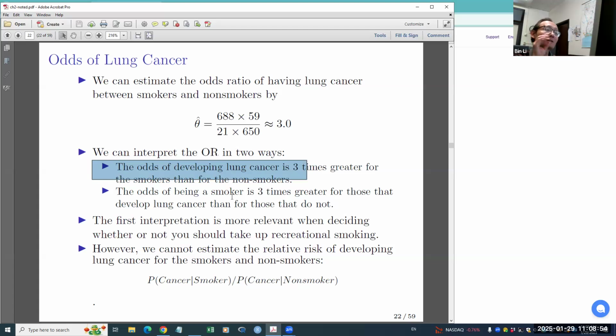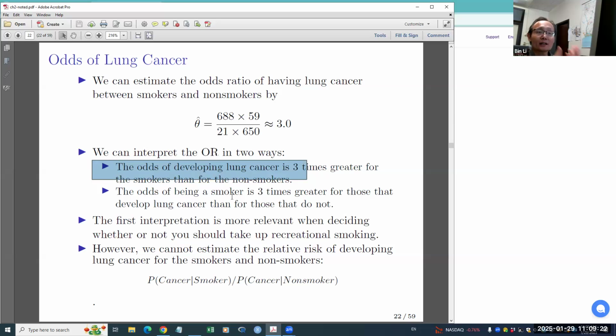We care about developing lung cancer, because lung cancer is usually considered an effect, but smoking is the cause. So that's why saying the odds of developing lung cancer is 3 times greater for the smoker over the non-smoker is more informative, right? And it also makes more sense.